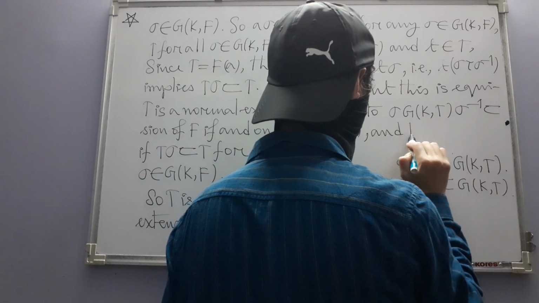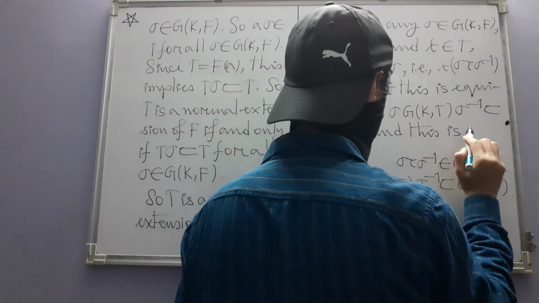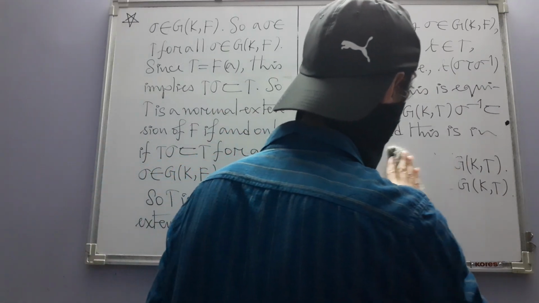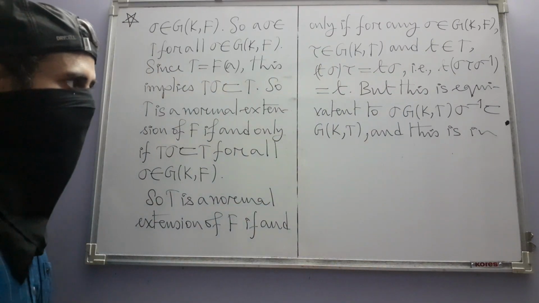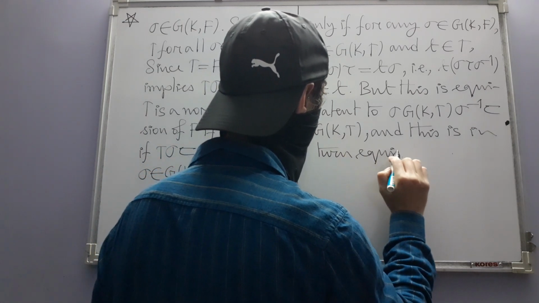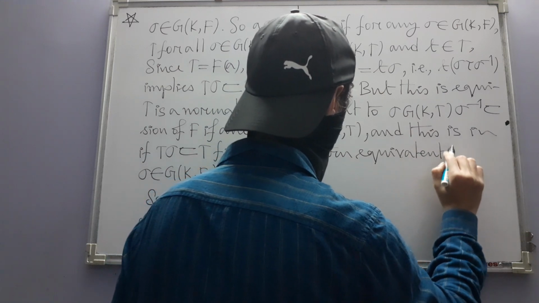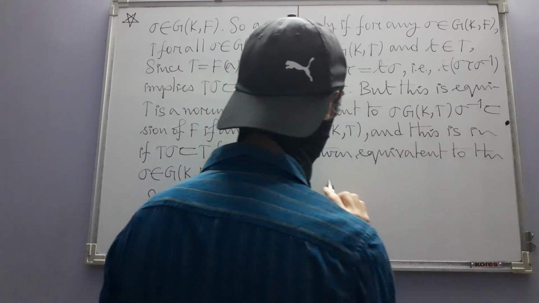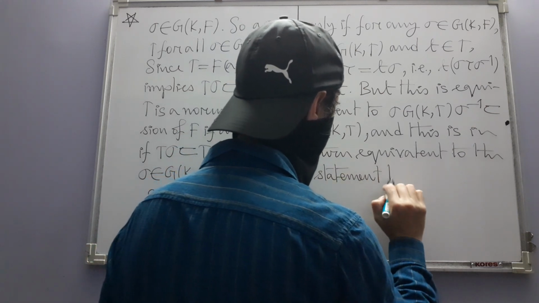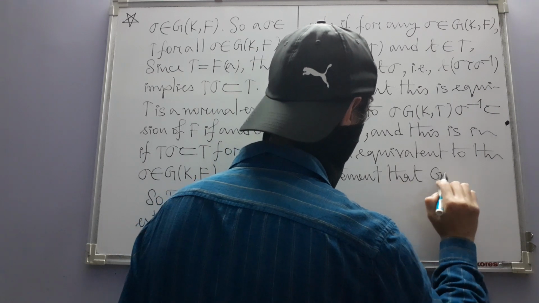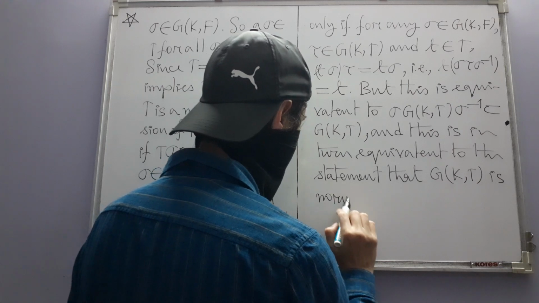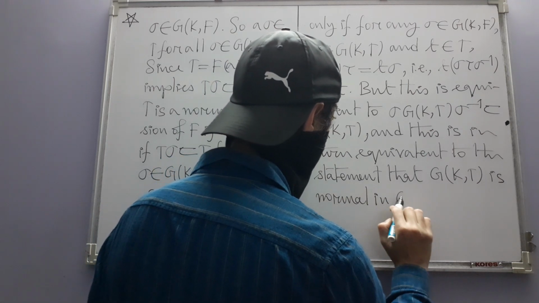And this is in turn equivalent to the statement that G(K,T) is normal in the Galois group.